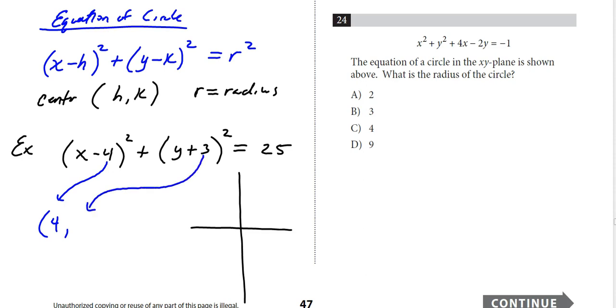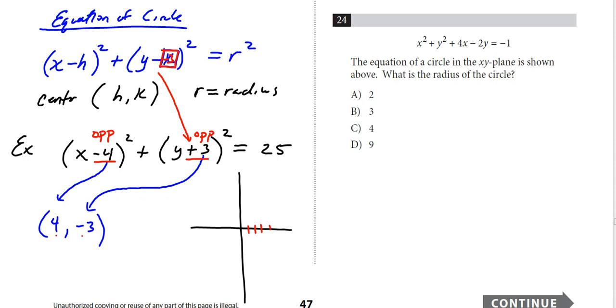That 3 must have been a negative because the formula is built for y minus k. So the only way to get y plus 3 means k must have been a negative, because that way you get minus a negative. The big thing I think about with circles is it's opposite. So even though I see a negative 4 here, I know it's positive 4. And when I see a positive 3, it's negative 3. So that hooks me up with my center.